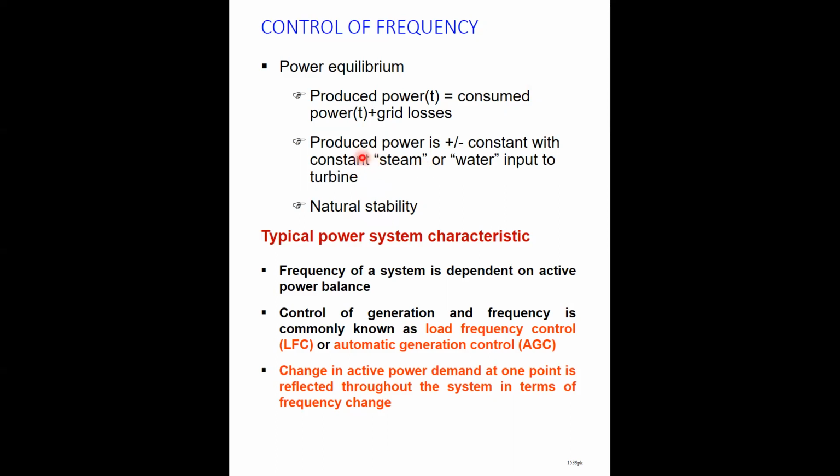If we have constant power produced, and you don't have any disturbance in your network, that will form a natural form of stability. So these are the important points which refer to the power equilibrium.